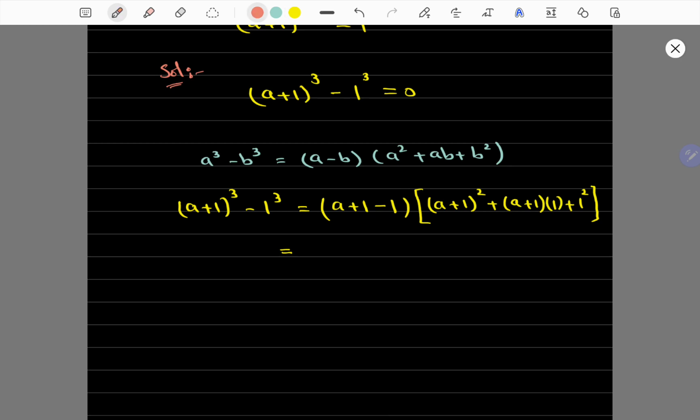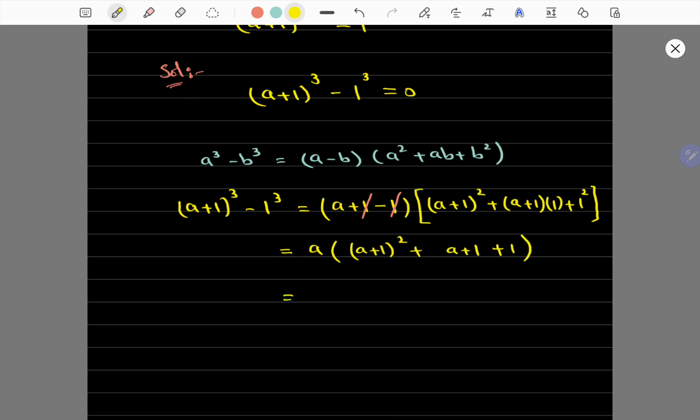this 1 will be cancelled out with this 1, and this is equal to a times (a + 1)^2 + (a + 1), when multiplied with 1 it will give a + 1, and plus 1 square is equal to 1.